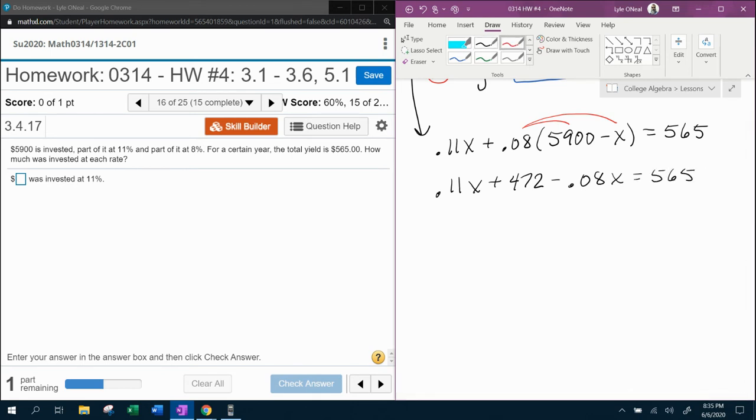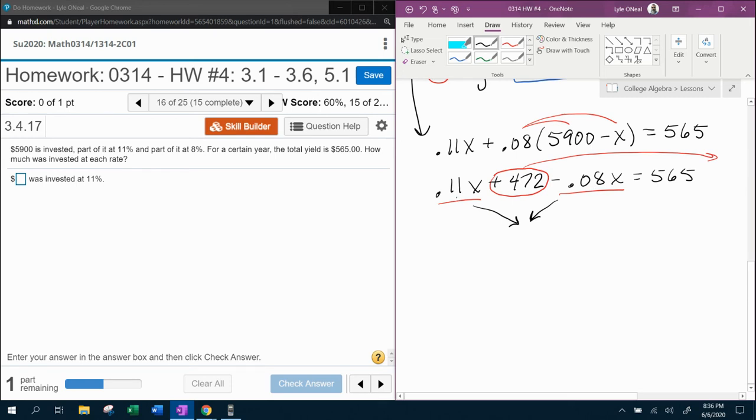And now we're going to do two things in one step. We're going to combine like terms, and we're going to move the 472 over. Killing two birds with one stone here. So what is 0.11 minus 0.08?